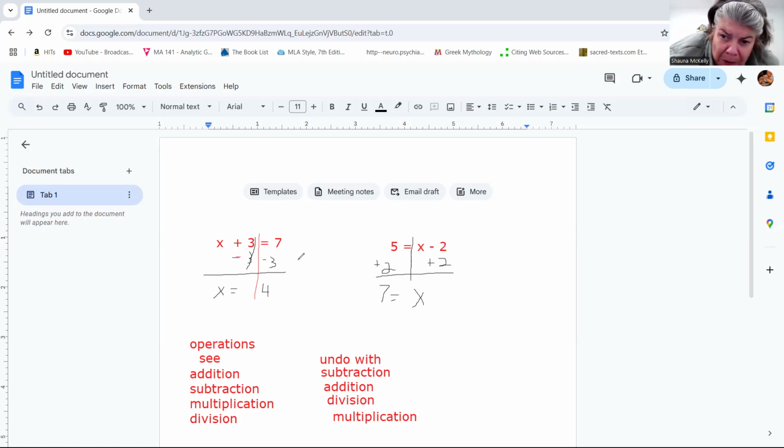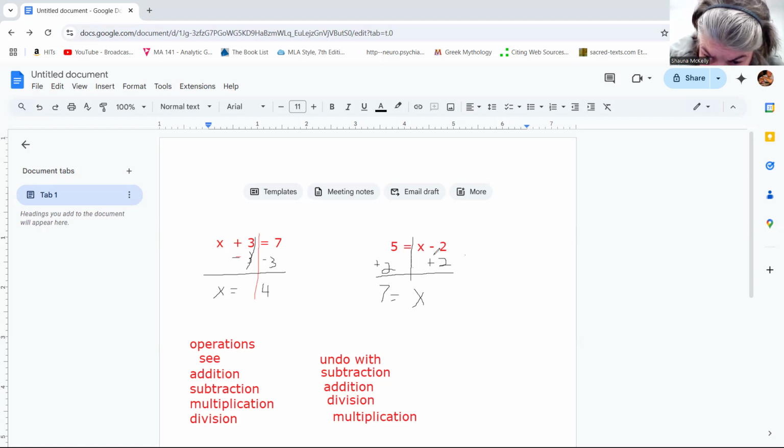There's nothing that's required about having my variable on the left side of my equation. I can have my variable on the right, so I just did that here to show you. Usually when we're learning, we do it on the left. Here, you can see I have an x minus 2 on the right. I want to undo that minus 2 and get the x by itself.